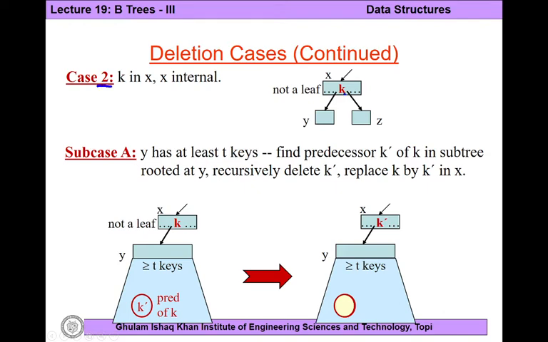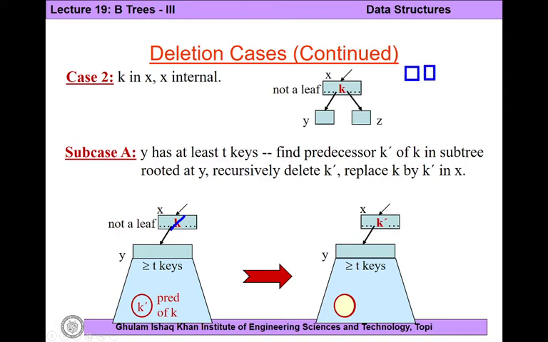We will go to the left child of this k, and see if this left child has at least t keys, so we can borrow one key from here. We bring this key and remove this key. You may be thinking, why are we not simply deleting this key? Because, as I stated earlier, it's not a simple tree, it's a B tree.